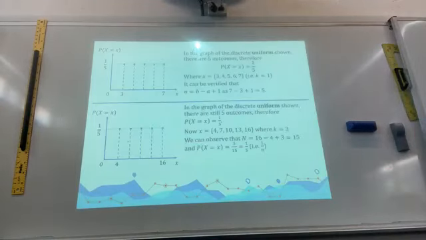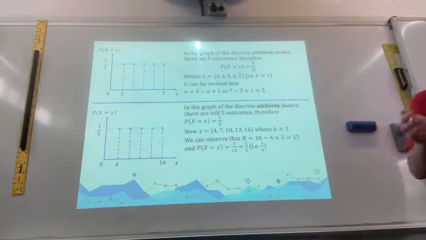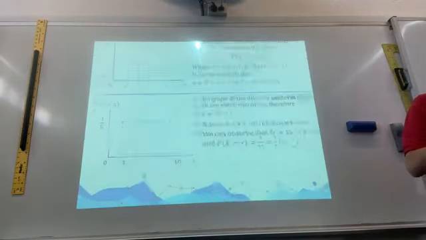Now, let's have a look at the two situations. The first situation, I have got a discrete uniform distribution, and you can see that I have got 5 numbers from 3 to 7. In this situation, k equals 1, right?